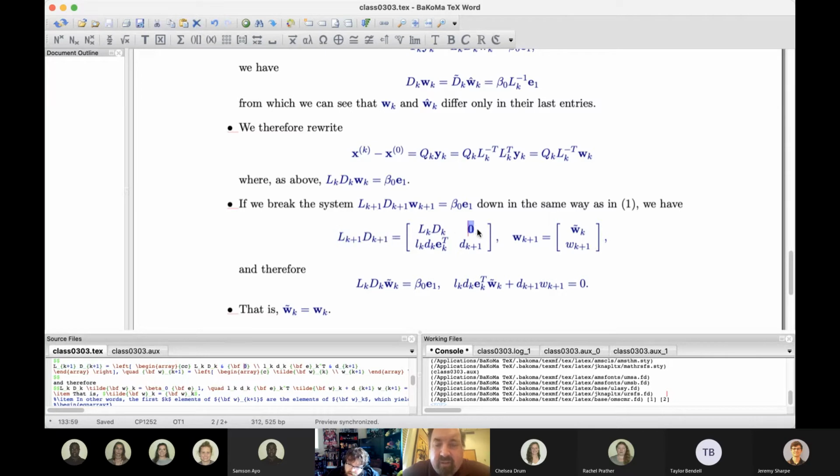So this part is 0, which was not what we had before. And then we have a last row of a matrix here. And then WK plus 1 breaks down as a WK tilde, and then this unknown entry here.